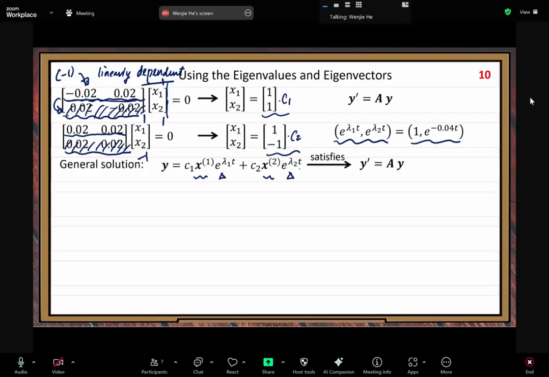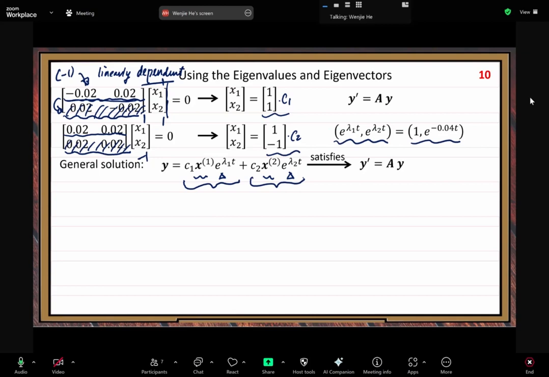So here we want to verify a little bit. Let's take the derivative first. When we take the derivative term by term, the first term gets the derivative on the first term, the second gets the derivative on the second term.